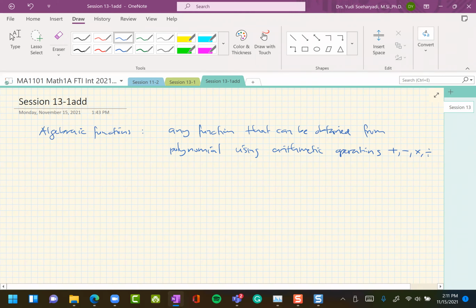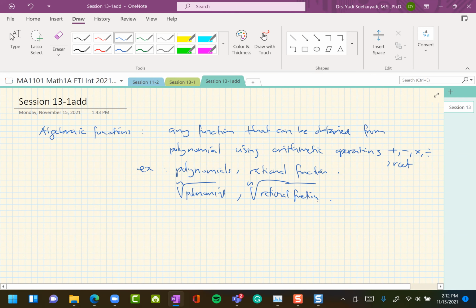Examples of this are polynomials themselves, rational functions, and roots, so roots of polynomials and roots of rational functions.